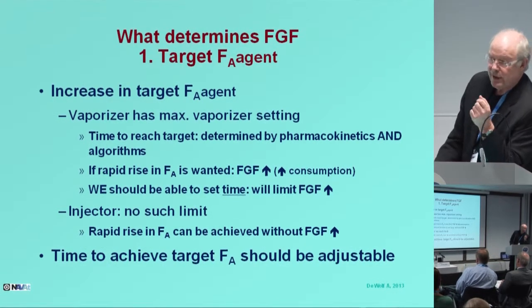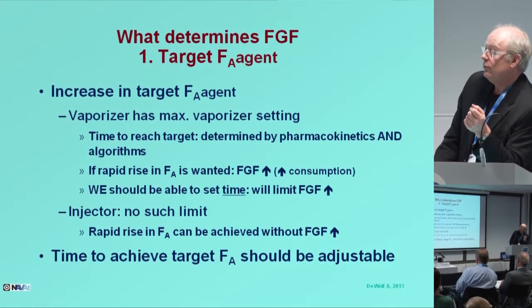To correct for the increased cost that we see there, we should be able to set a time limit. We should be able to say, yes, we want the FA to go up from 1.3 to 1.8, but if we get there within 7 minutes, that will be okay. We should be able to set that, and then the machine will not have to increase fresh gas flow in order to achieve that new target. It will have enough time to do that.